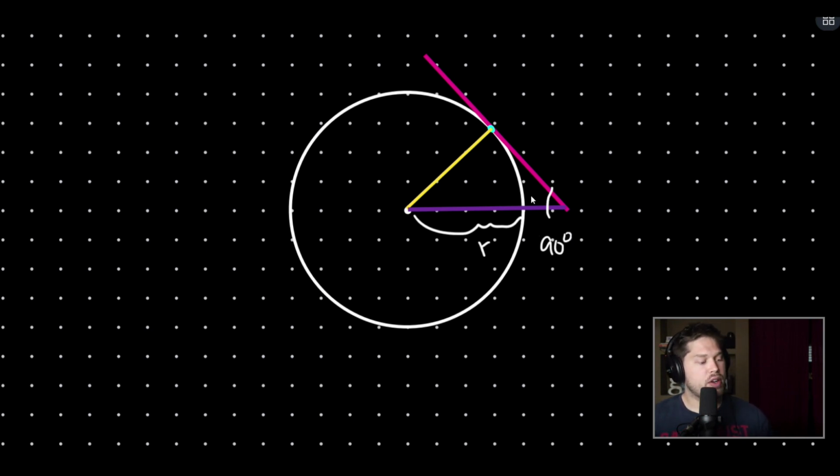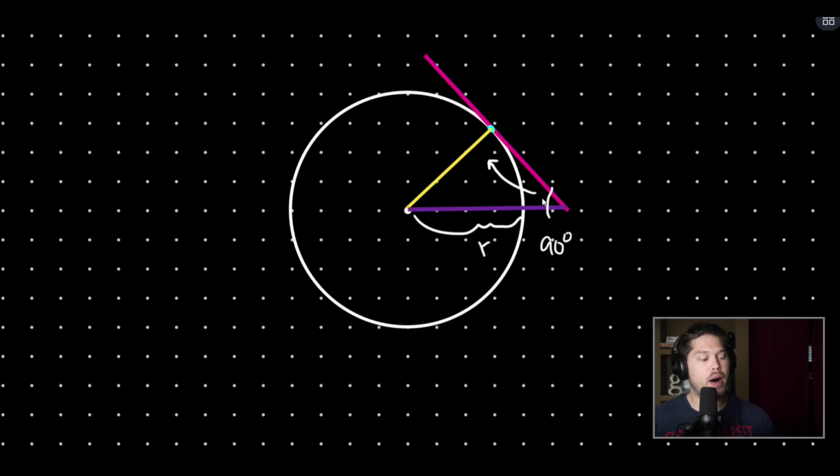The side opposite our 90-degree angle here is our yellow side. However, our purple side is longer than our yellow side. And we know that because we can physically see it. Our purple side extends past the outside boundary of our circle. And this is a contradiction.